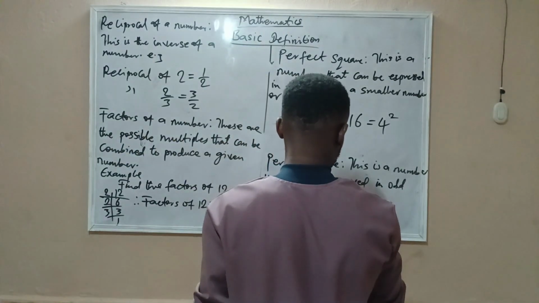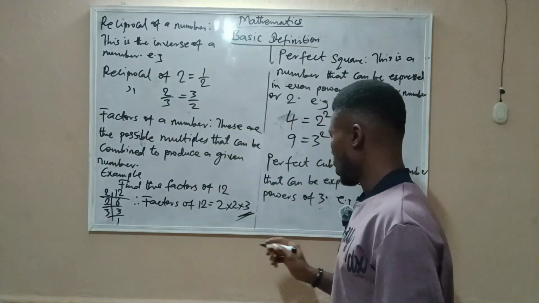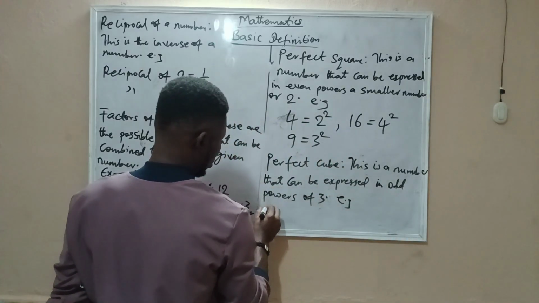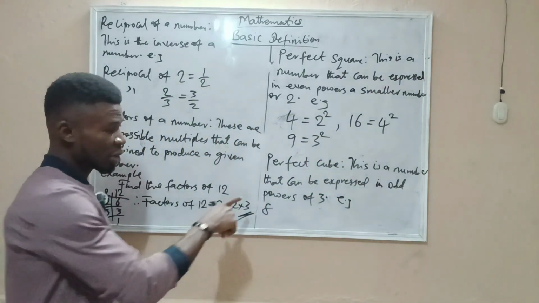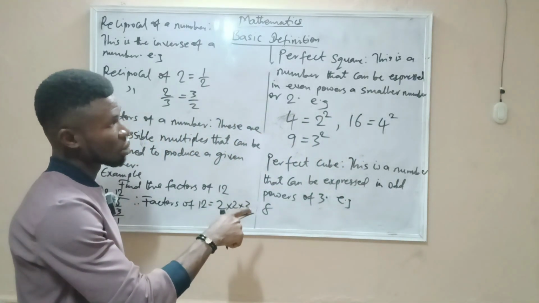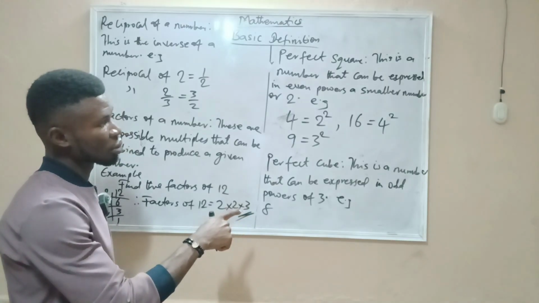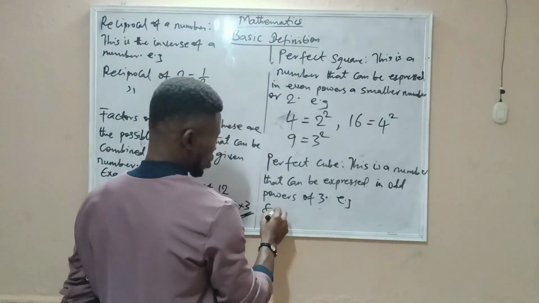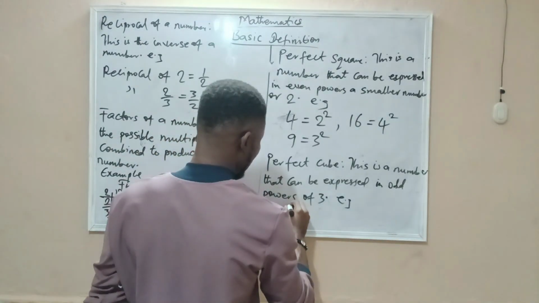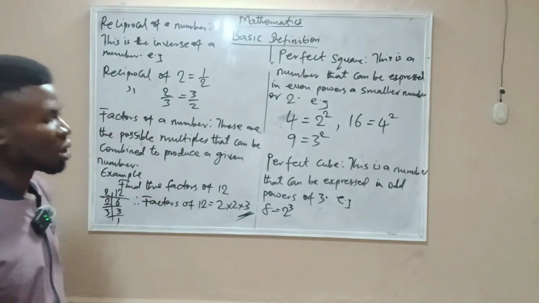Example: 8 is a perfect cube because 8 can be expressed as 2 raised to power 3.